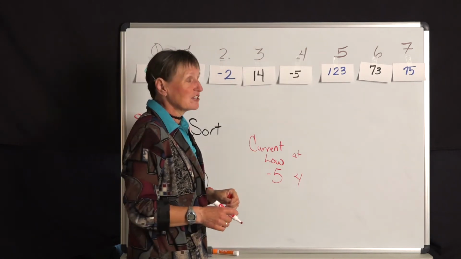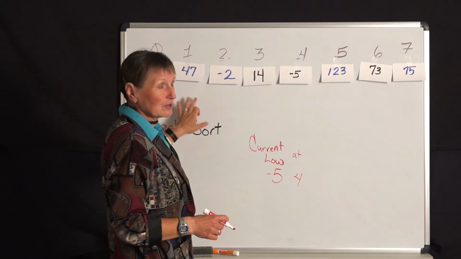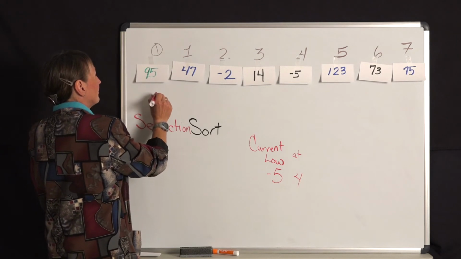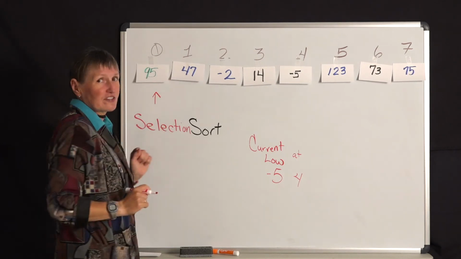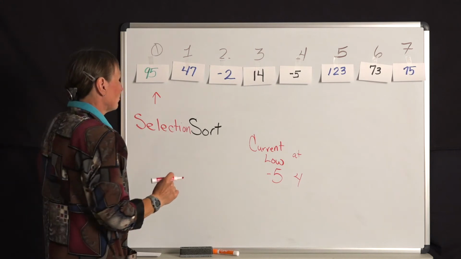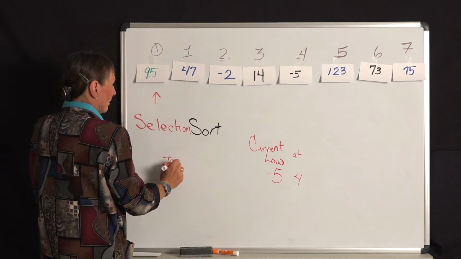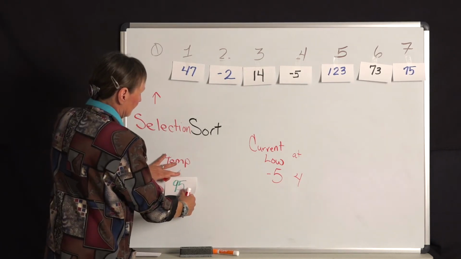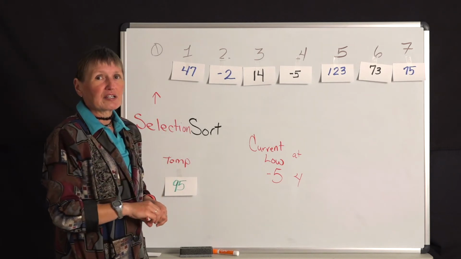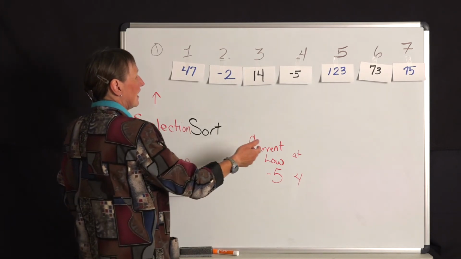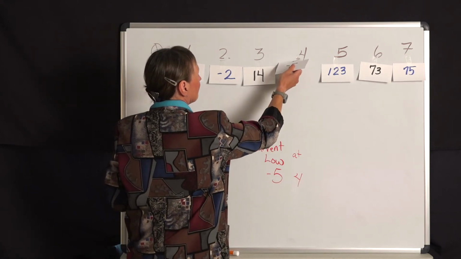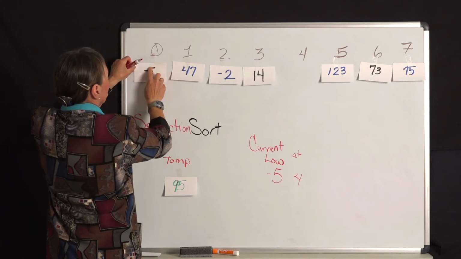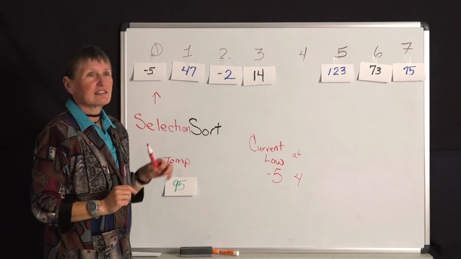Now what we basically do is, since this is the first pass through, we are going to take whatever element is in the starting location. We're going to move that to our temporary location now. And we're going to take the value that is at index 4 and put it over here at location 0.